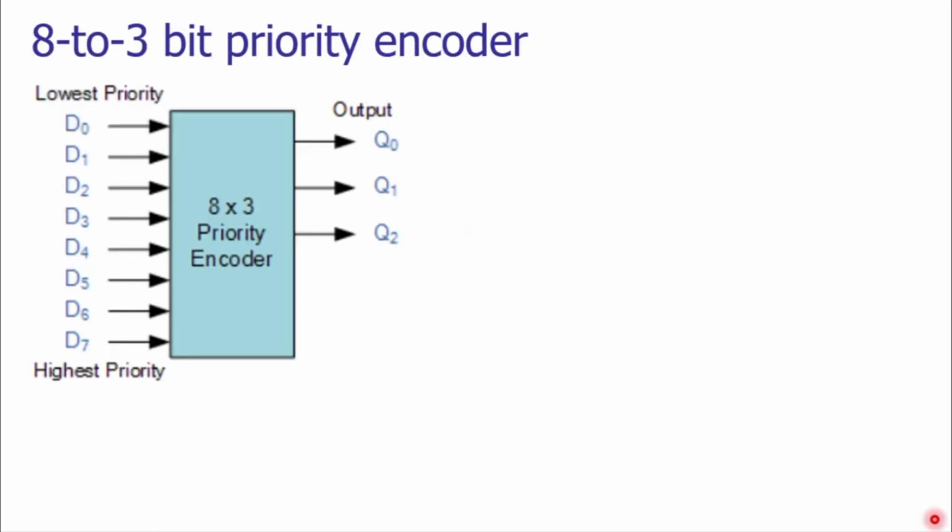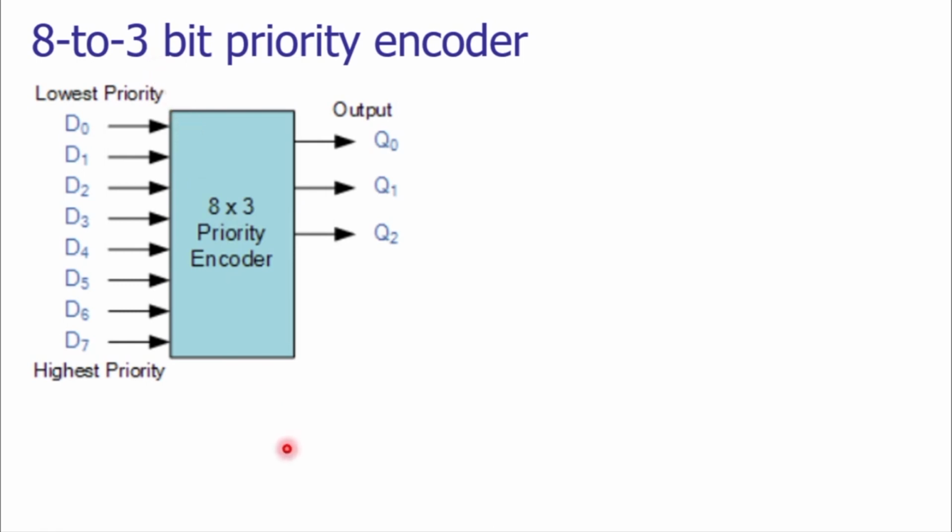The drawback associated with the binary encoder can be solved by applying priority to the input data lines. How this priority encoding works, we will see by taking an example. So in this case, we are taking an 8 to 3-bit priority encoder. You just note the output data lines that we require are 3.